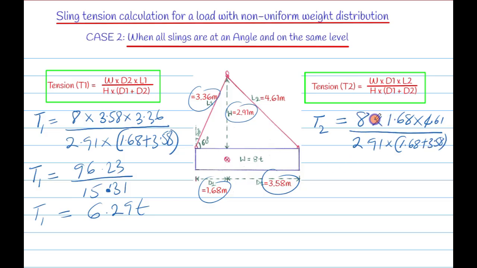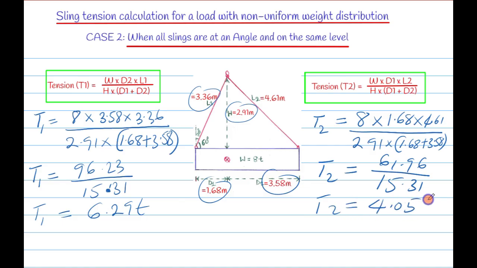When you solve this expression, at the top it will be 61.96 divided by the bottom, which will be the same, 15.31. So T2 will be equal to 4.05 ton. So you can see that the tension on L1 is 6.29, which is much higher than the tension on L2. Why? Because the center of gravity is closer to L1.